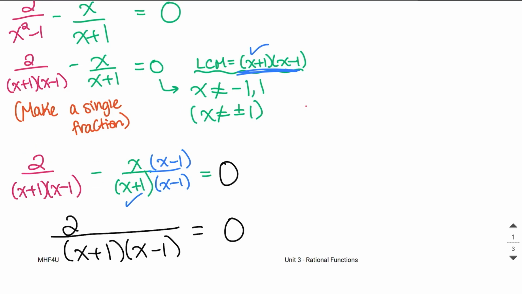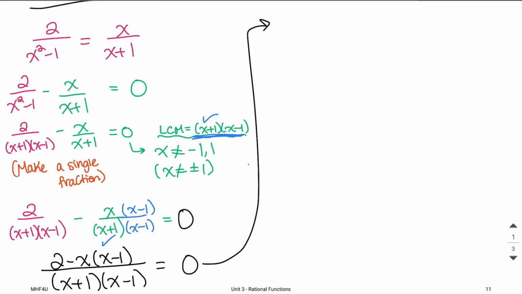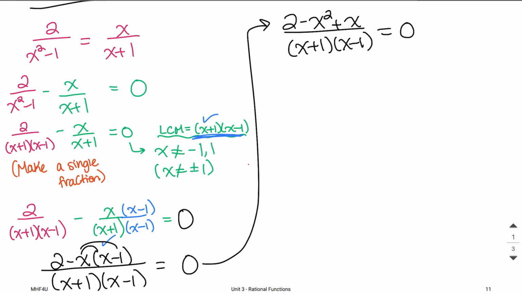I copy down the minus sign, and then I've got x times this x minus 1 right here. Bring this up here so I have more space to get some of this work done. So right here, I'm going to have 2, and then I distribute the negative x through, so I get minus x squared plus x all over x plus 1 times x minus 1, and that should equal 0.